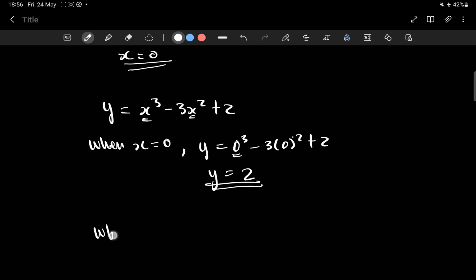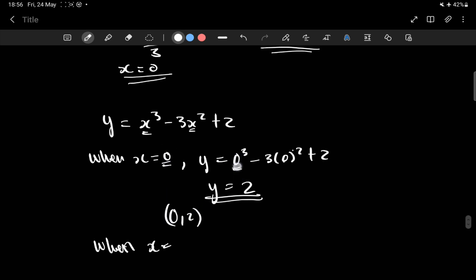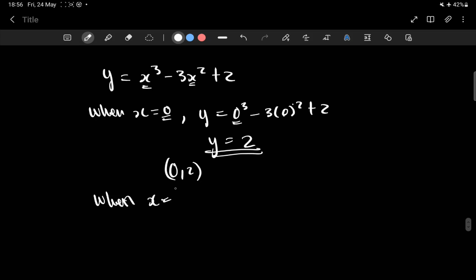So this first point I have is 0, 2. X is 0, y is 2. Now when x is 2, y is equal to 2 cubed minus 3 by 2 squared plus 2.